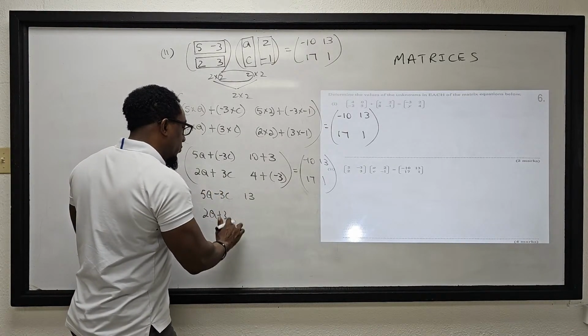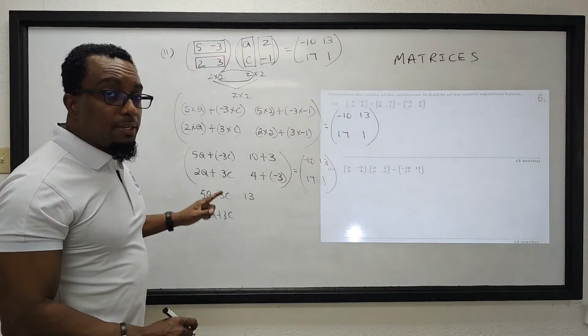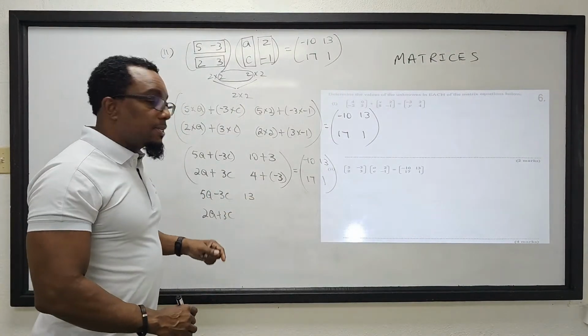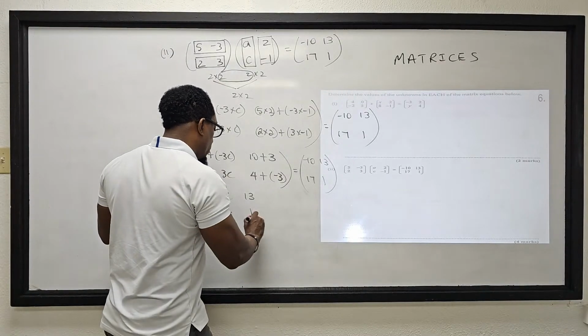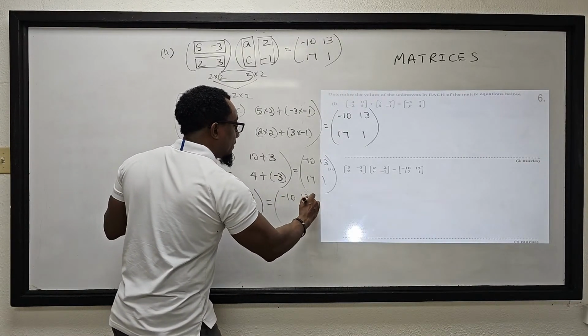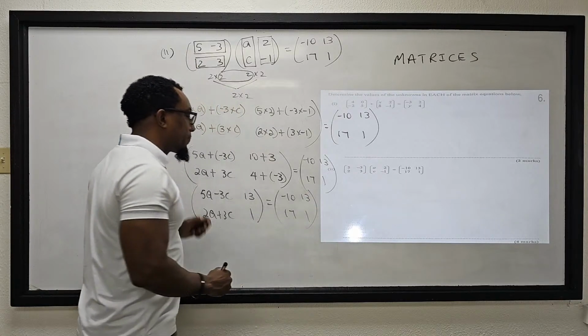Remember, these two will stay as is because they're not like terms, you can't add or subtract them, right? A plus by a minus is a minus, 4 subtract 3 is 1. That is equal to negative 10, 13, 17, 1.